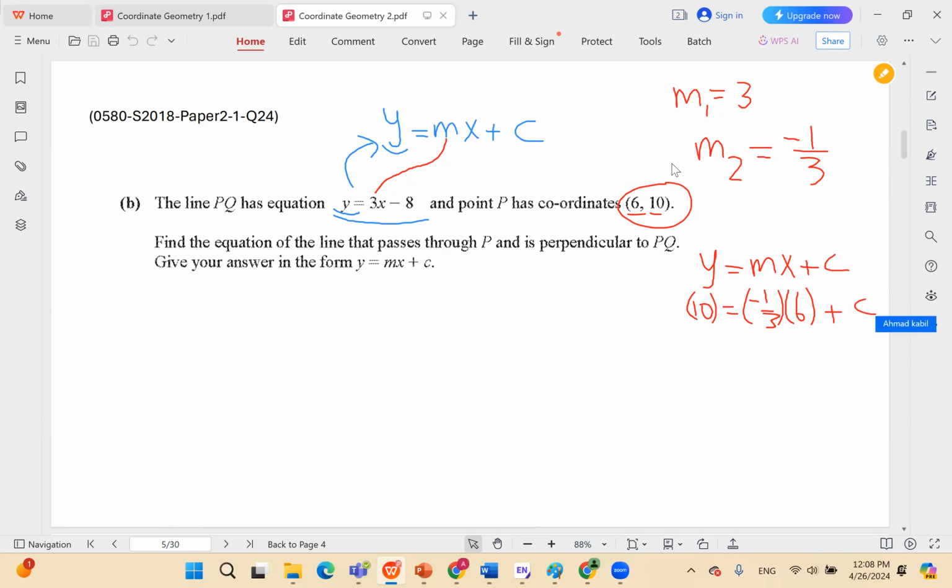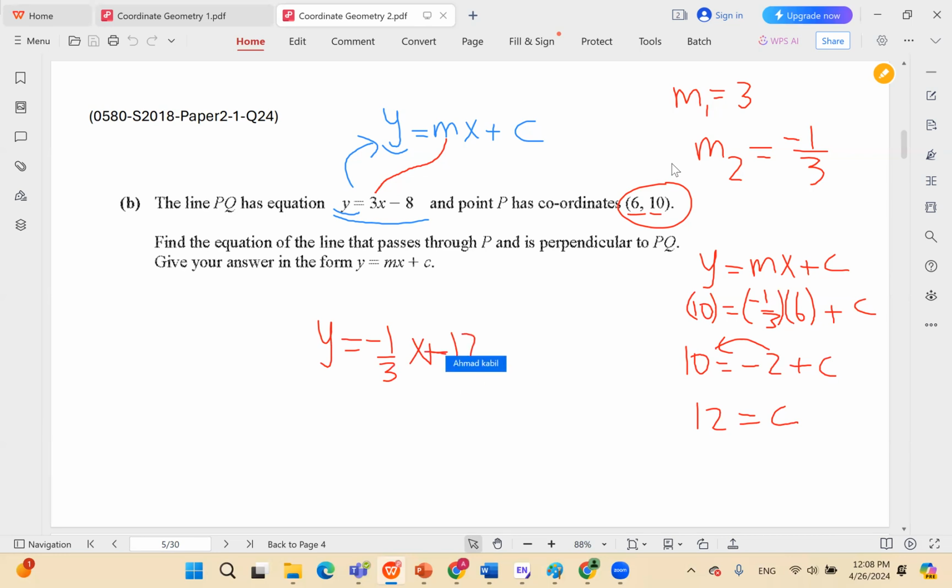So 10 equals negative 1 over 3 times 6, which is negative 2, plus c. We take the negative 2 to the other side, so it becomes 12 equals c. So now that we have our value of c, we can write down the final equation as y equals negative 1 over 3x plus 12.